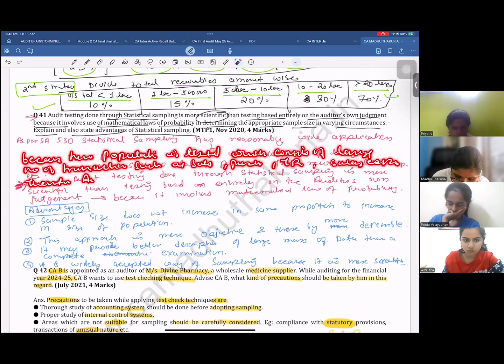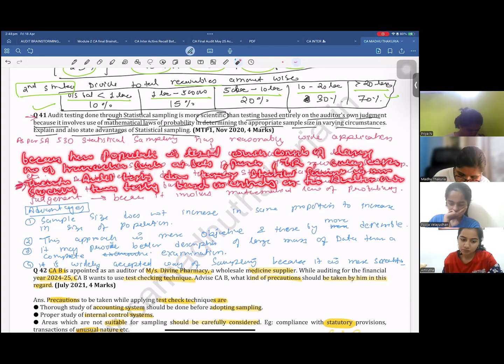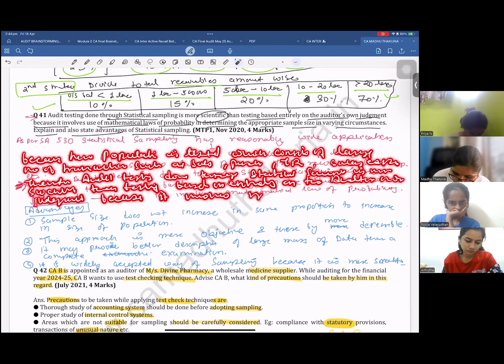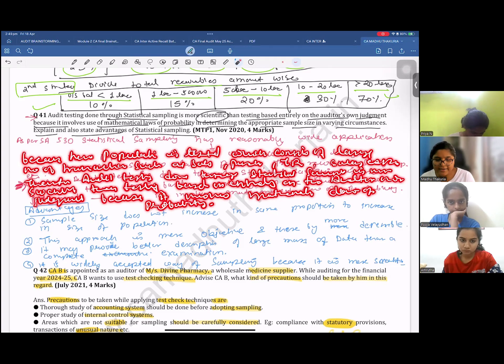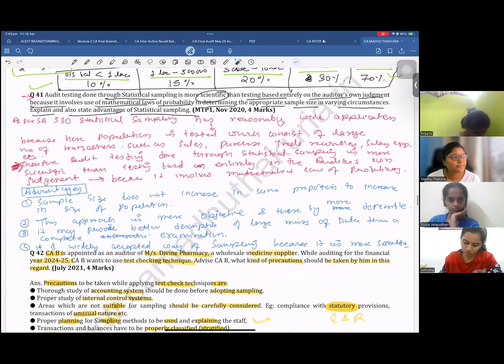Therefore, audit testing done through statistical sampling is more scientific than testing based entirely on the auditor's own judgment, because it involves the mathematical law of probability.